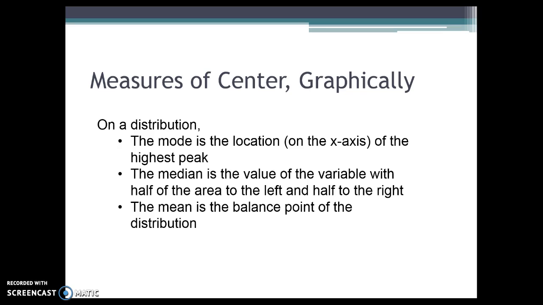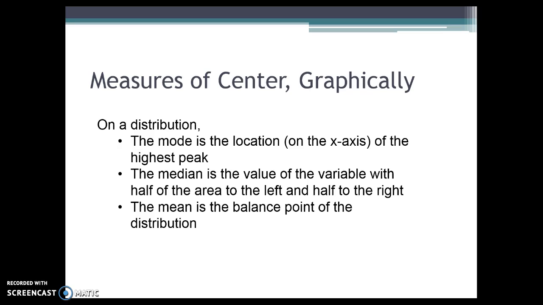So next, let's look at how you would look at measures of center in terms of a distribution. So the mode would be the location on the x-axis, if you're looking at a histogram, I'll show you in just a sec, of the highest peak. So wherever the highest peak is, that's where the mode is.